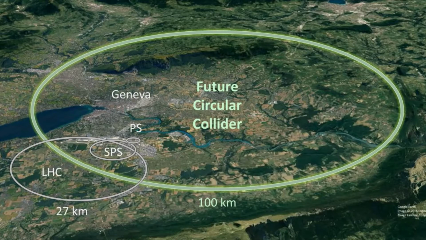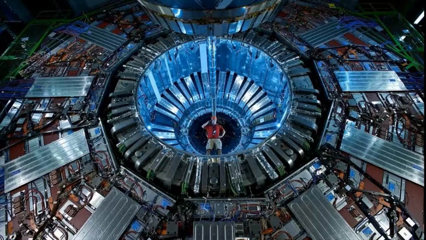And why do you think they are both in a circle? Well, a charge in a magnetic field spins in a circle, right? So they have these big magnets that generate an enormous magnetic field that spins the charged particles around, and they smash them together.